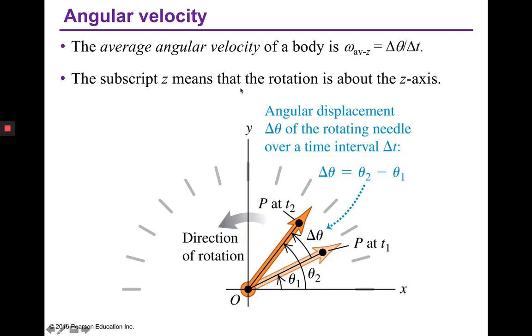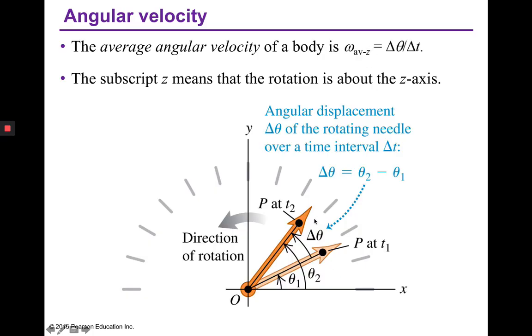Okay, we could define an average angular velocity, measured in radians per second, by doing a change in theta, an angular displacement, divided by change in t. Now, this is a vector, and we're going to measure it as perpendicular to the surface here. So that's why we have this little z here. This follows the right-hand rule.